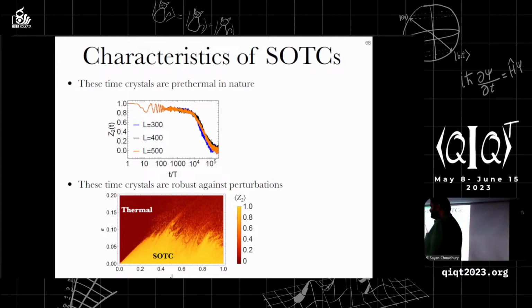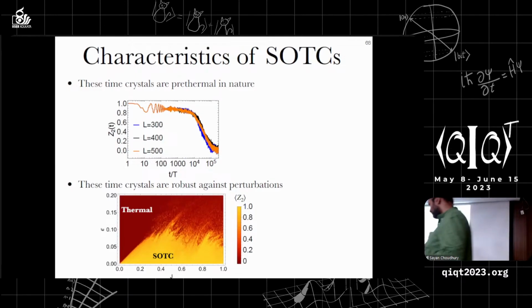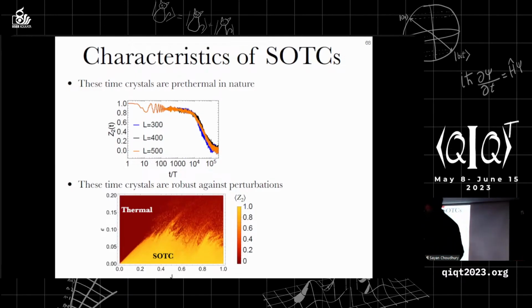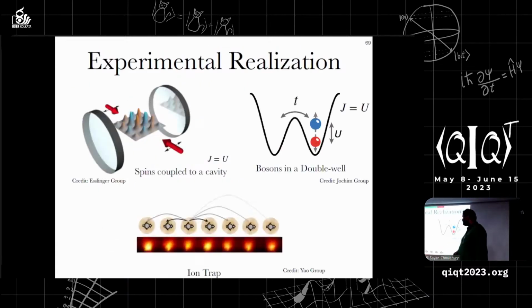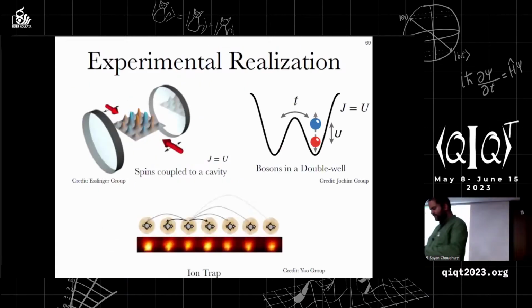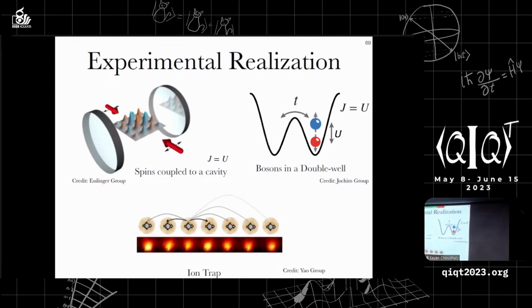That is independent of system size beyond a point, while for real dynamical phases, it would actually increase with the system size. And then these are robust against various perturbations. We have checked against a variety of different kinds of perturbations and checked that indeed you can get this time crystal order.